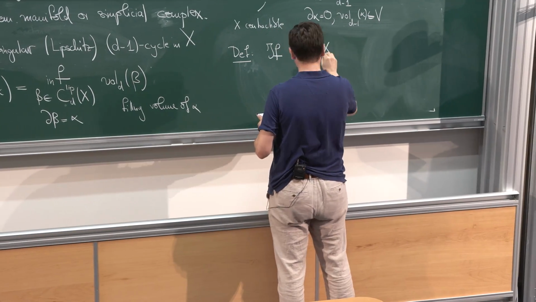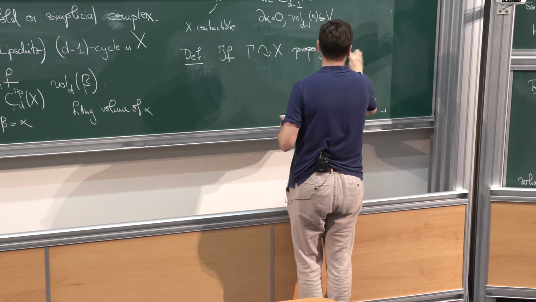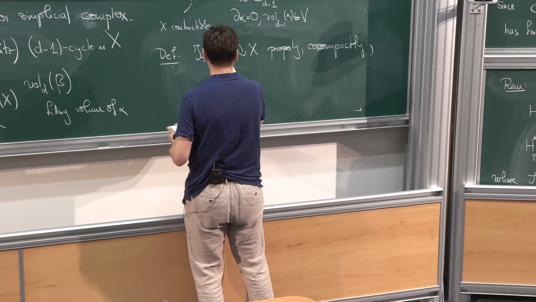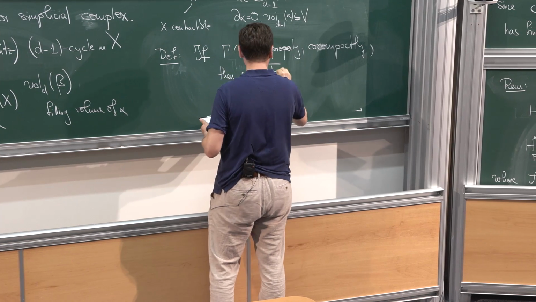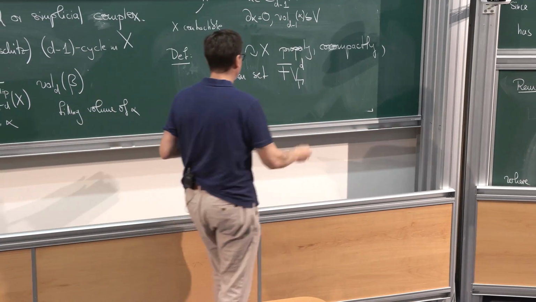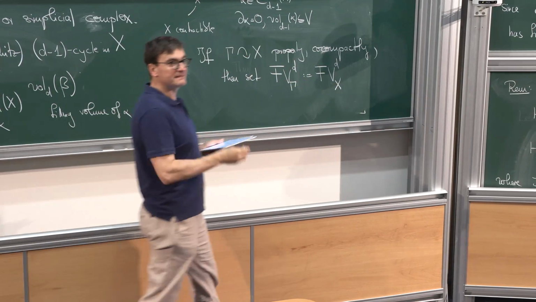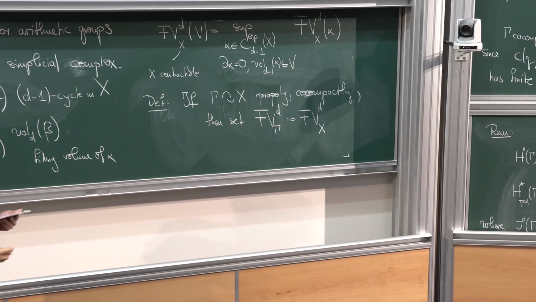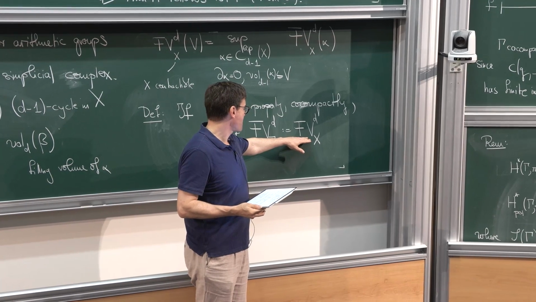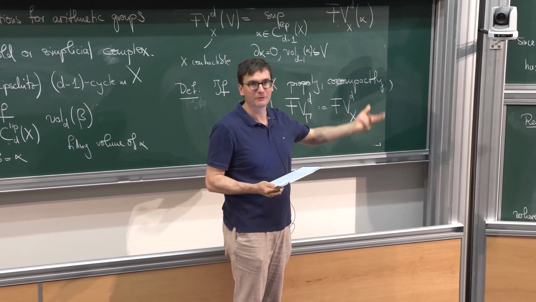If gamma acts on some X properly and co-compactly, then you can define the filling function of gamma as the filling function of this X. Now this will depend on the choice of X, but you take the same equivalence class of function like you would always do in any setting where you look at quasi-isometry invariance.